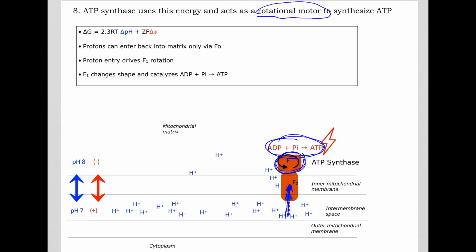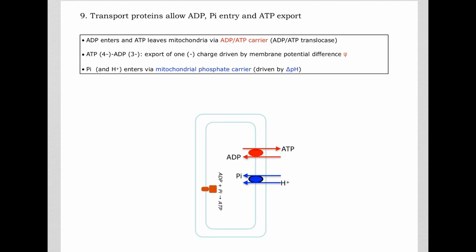So let's look at this part in a little bit more detail. To make ATP, this enzyme ATP synthase requires the two substrates ADP and Pi. These two substrates are brought into the mitochondrial matrix. So here's your ATP synthase.